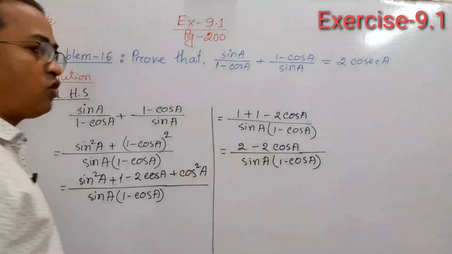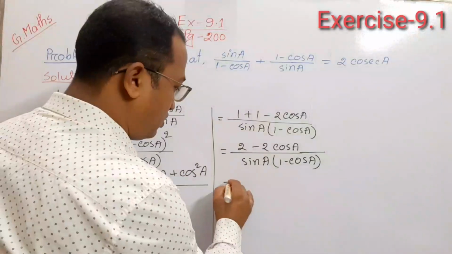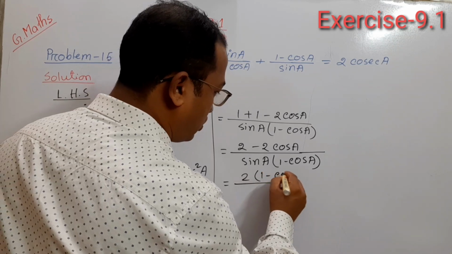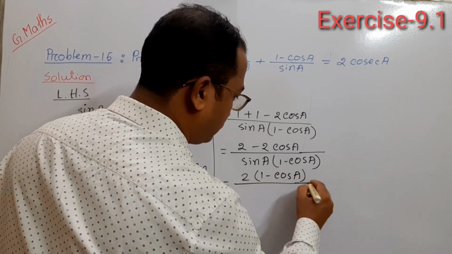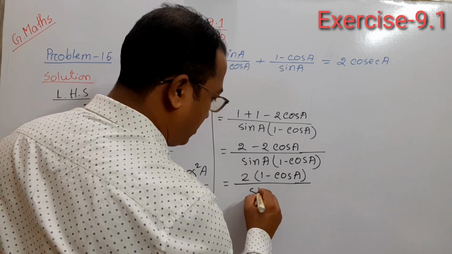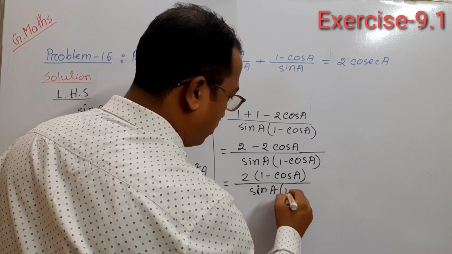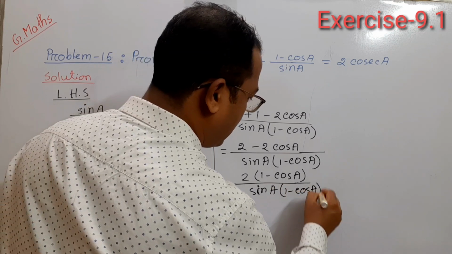Now you can take 2 common from the numerator. So 2 (1 minus cos A) over sin A (1 minus cos A).